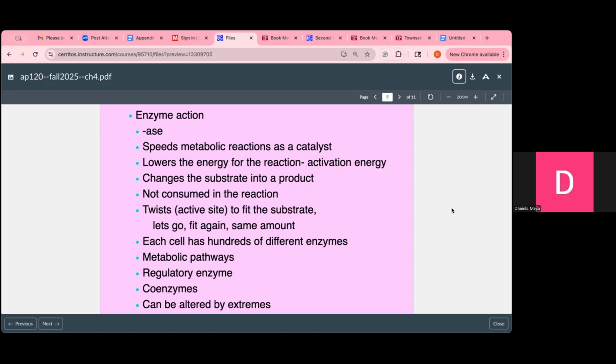I think energy. Radiation will affect certain kinds of enzymes. Energy or radiation, sunlight, things like that can alter the way enzymes work.